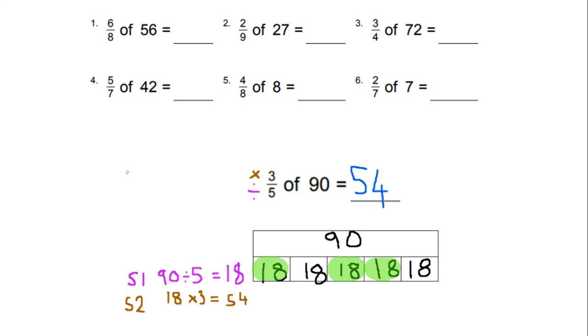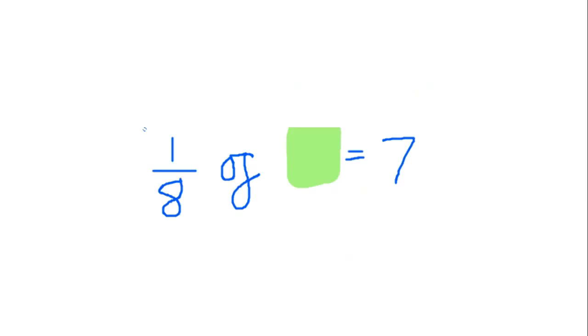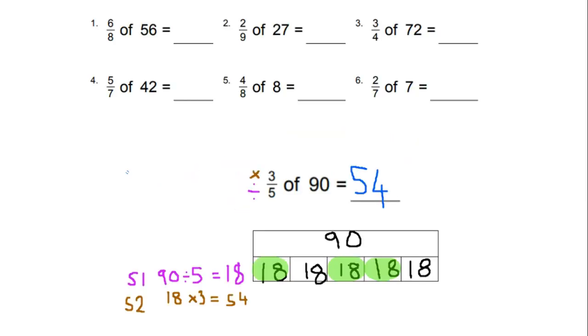Okay, I'm now going to reveal the answers so you can mark your own work. Oh, I haven't got the answers on the screen. So, number 1, the answer will be 42. Number 2, the answer is 6. Number 3, the answer is... my mind has gone blank.